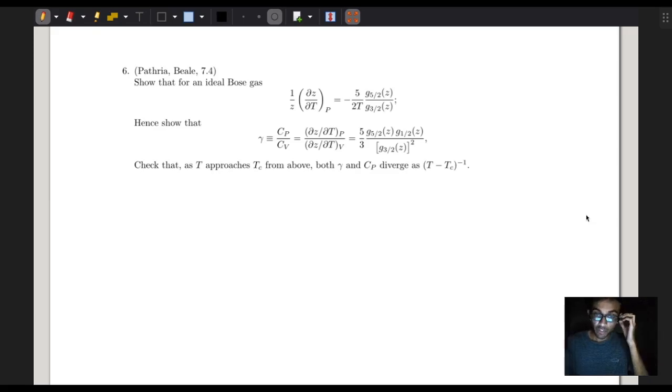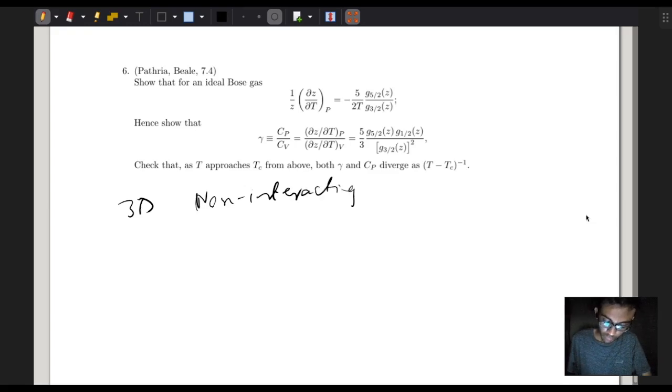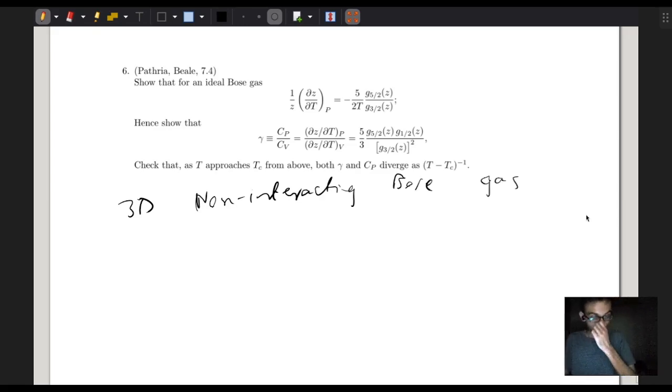In the lectures you would have seen that there is a critical temperature Tc, which is positive.